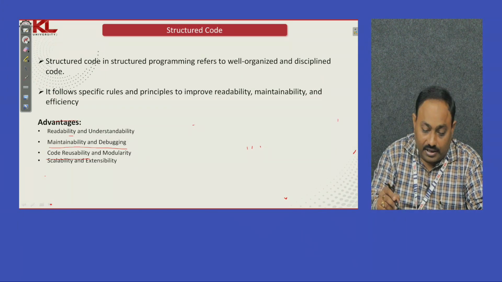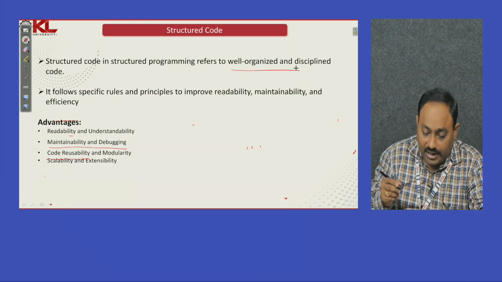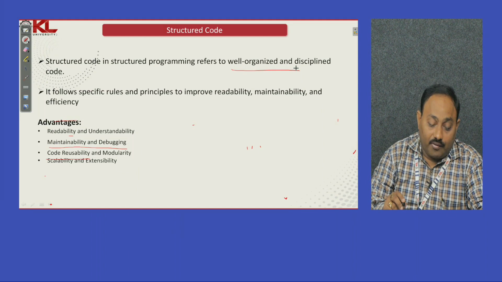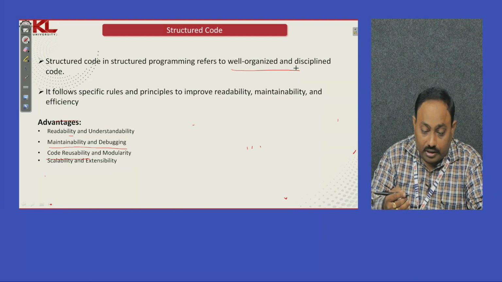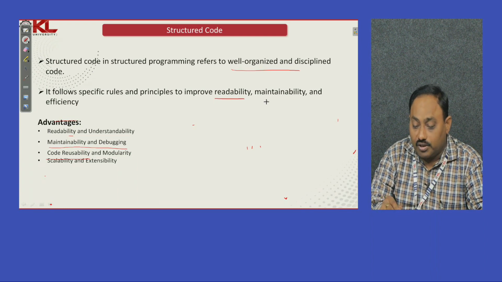Well organized and disciplined code can be written using components like conditional statements, iterative statements and functions. Because of the well organized code, it improves the readability and maintainability of the code.